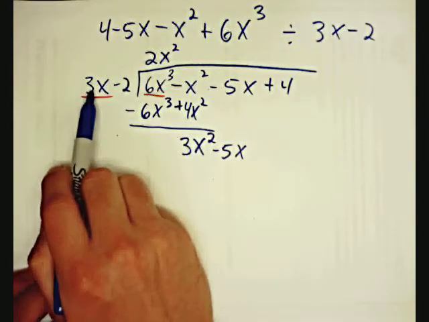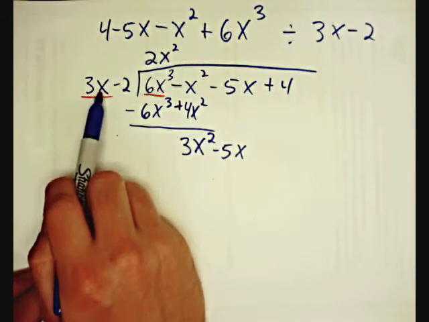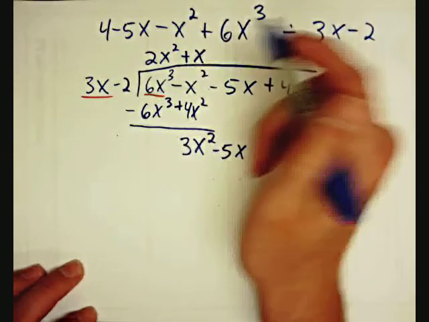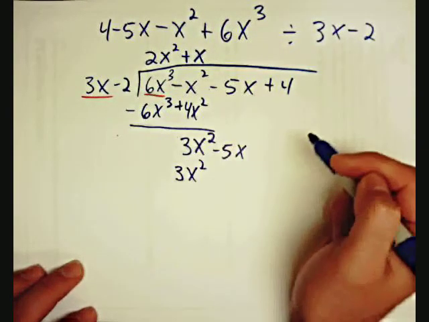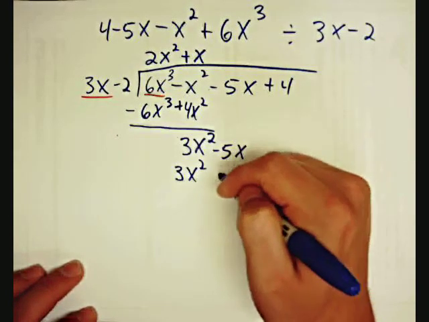Okay, comparing 3x with 3x squared, the 3's match already. This one just needs another x. So plus x up top. Multiplying gives us 3x squared. X times minus 2, minus 2x.